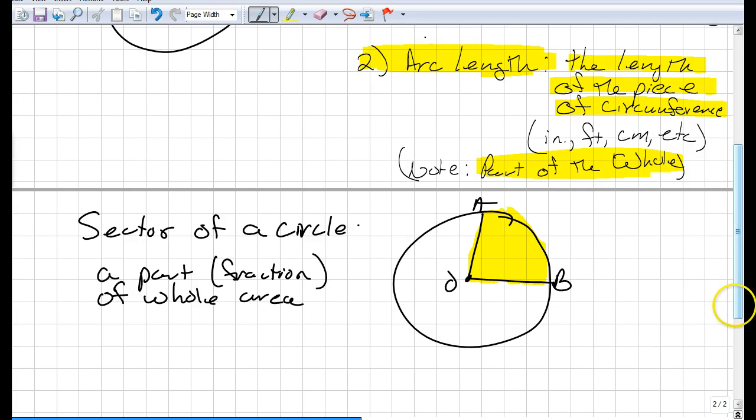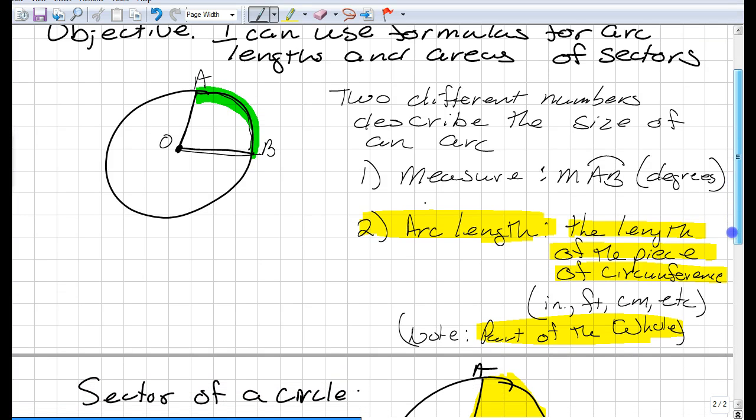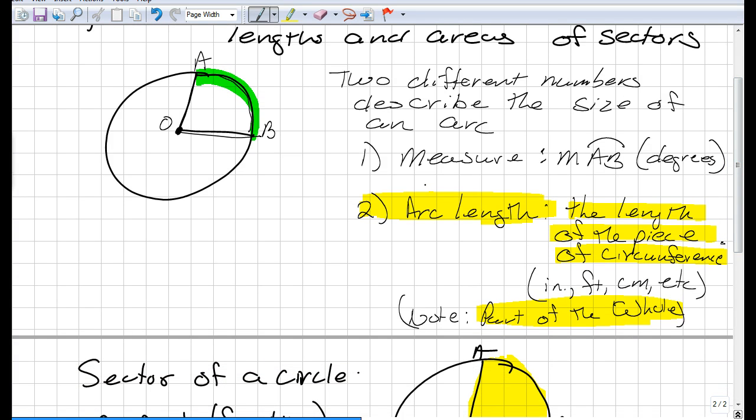So let's go back to the length of an arc. The length of an arc is a part of the whole circumference.